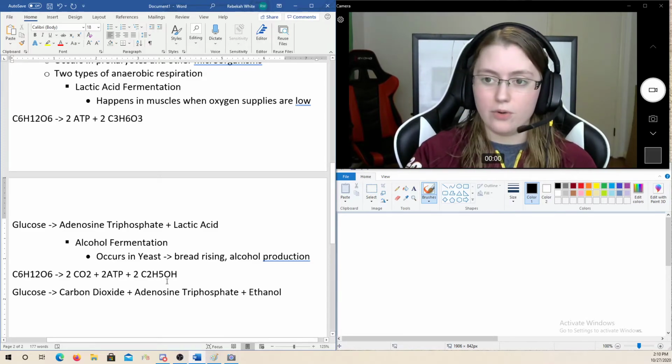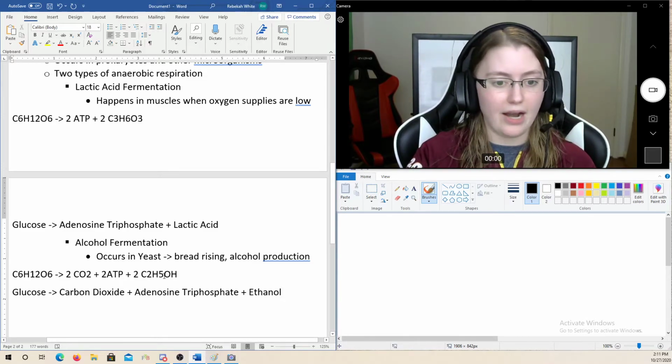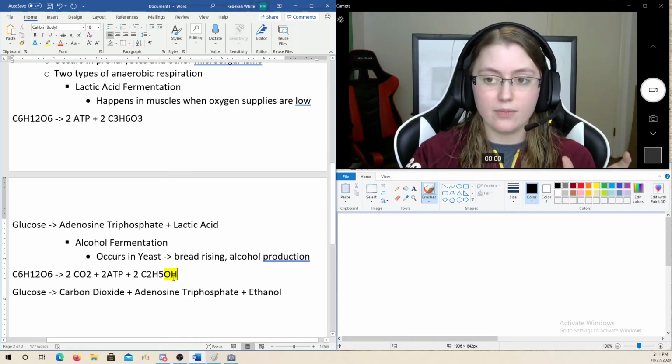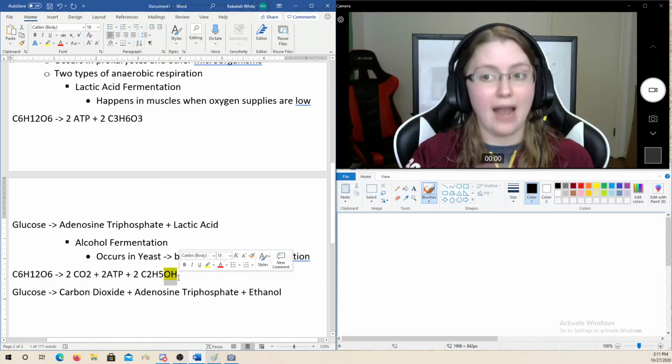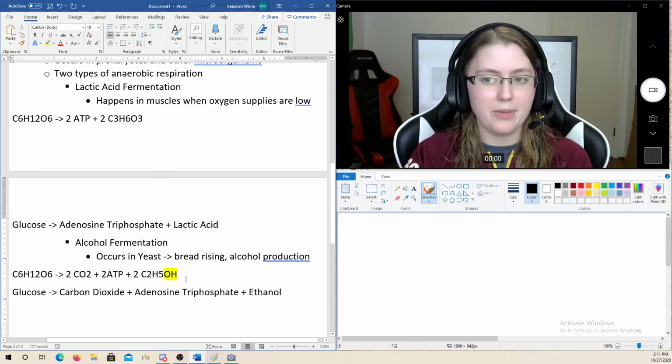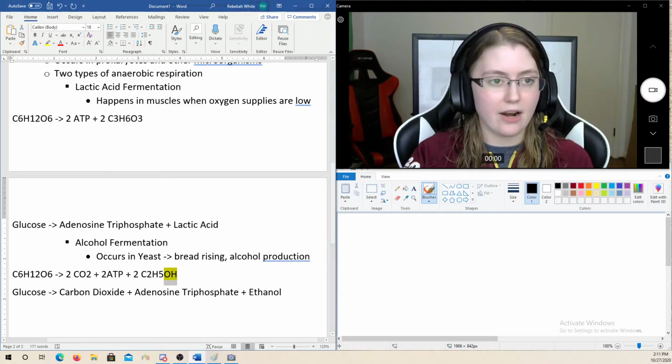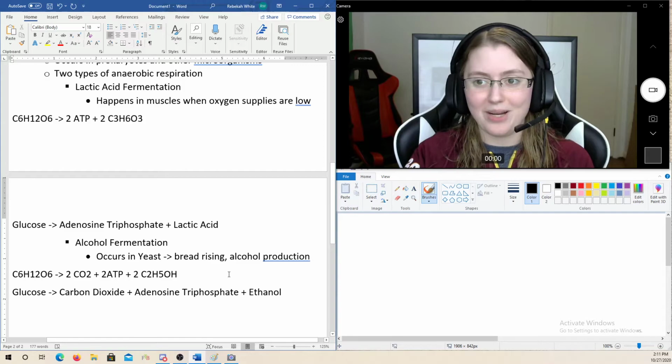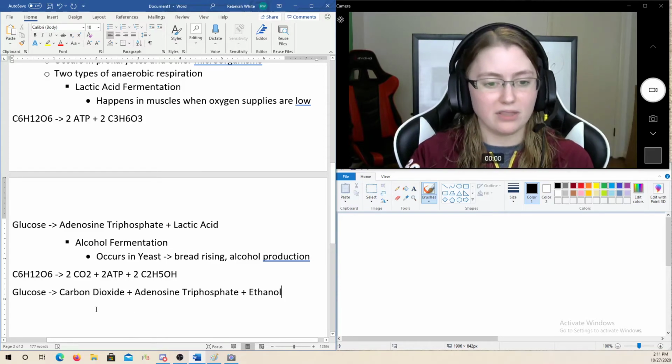And also, I don't know how many of you guys are in chemistry, but a lot of times when you see an OH on the end of a molecule like this, an OH means that it is an alcohol, most of the time. That's not a hard and fast rule, but it's pretty reliable, I would say.